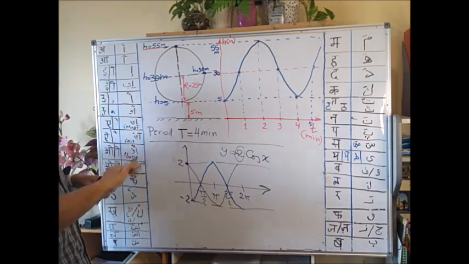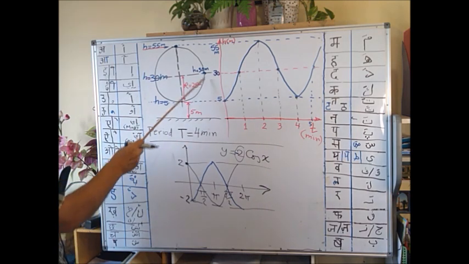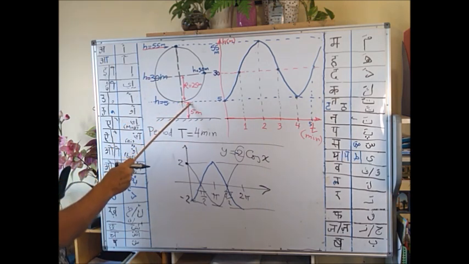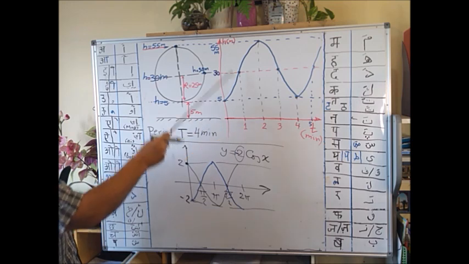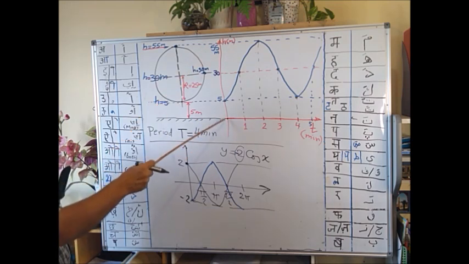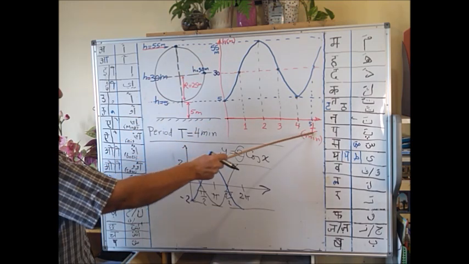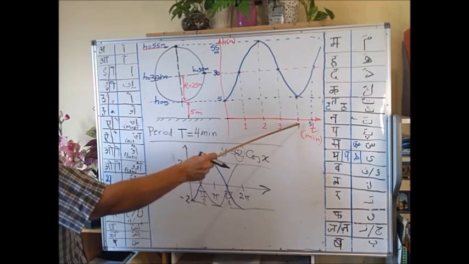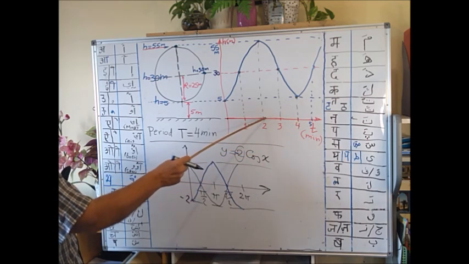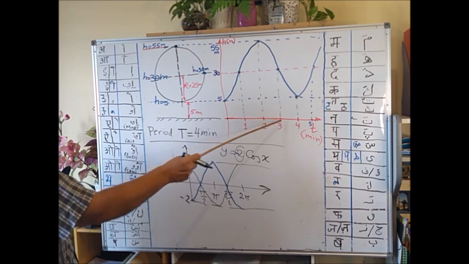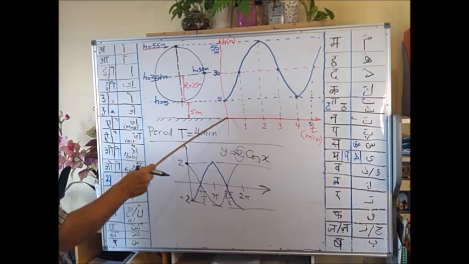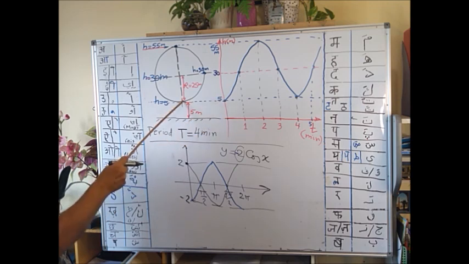As we can see here, this is the Ferris wheel, this is the height, this is the ground level. We put the axis for the height here, and this is the time. One full period is 4 minutes. Half of it is 2 minutes, then 1, 3. At time 0, the height is 5 meters.